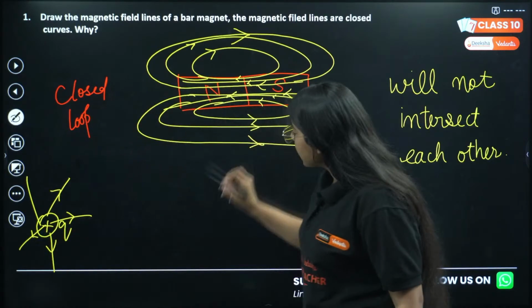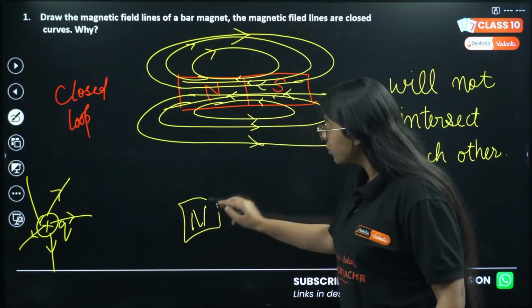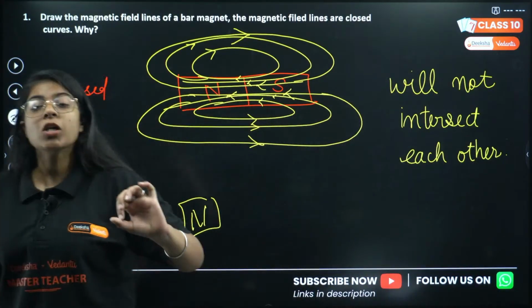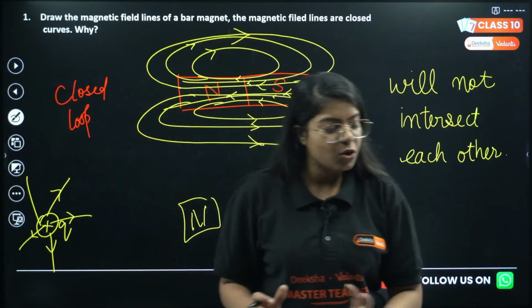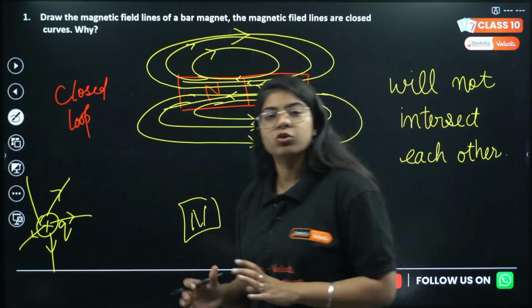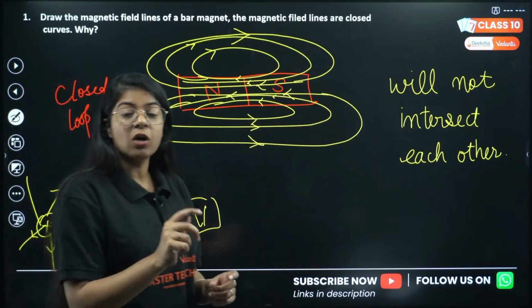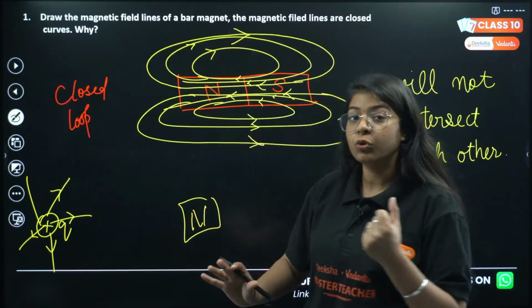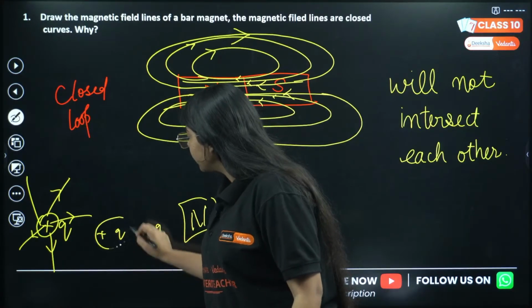But in case of magnets, a single north pole does not exist. These poles always exist in pairs. Wherever there is a north pole, there will be a south pole there. So my magnetic field lines go from north to south, but they also go back from south to north, as in case of dipoles, correct?